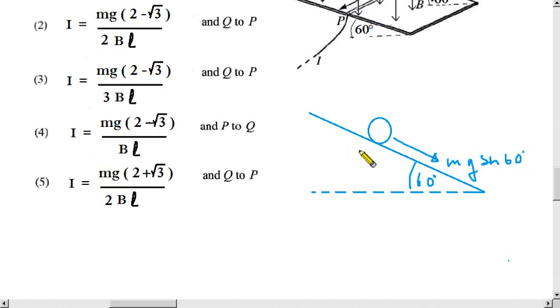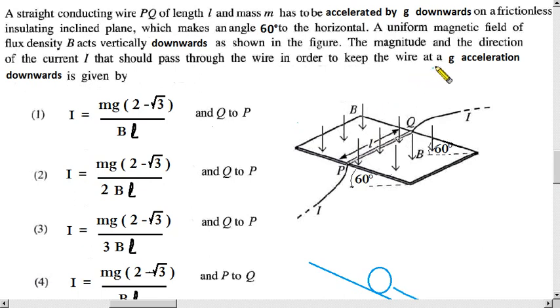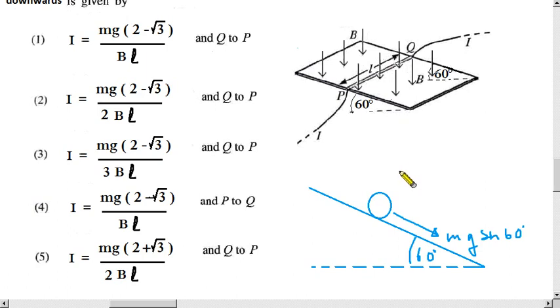So what they want us to do, they should move with g acceleration downwards. So we need the force towards right. Then only it will help to move downwards.